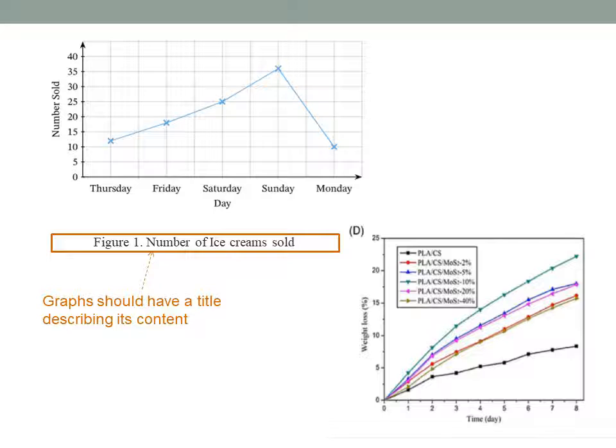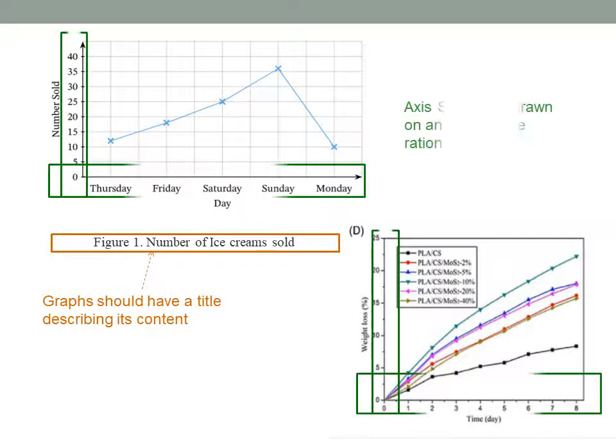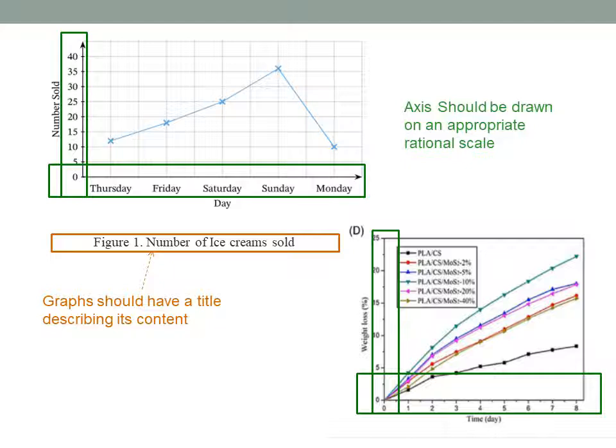So again, you have to include figure 1.1 or 6.1, along with the chapter, to indicate the figure number. And the title of the figure should describe its contents. Then the axes should be drawn in an appropriate scale.